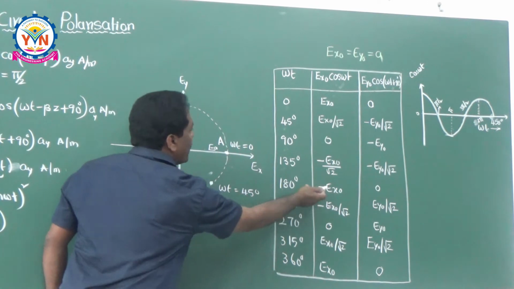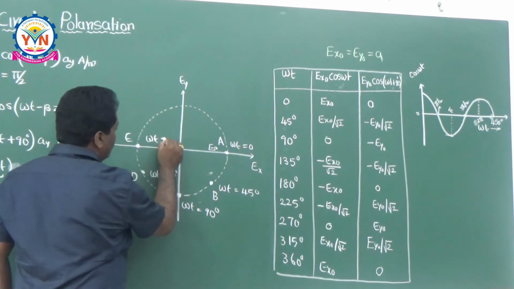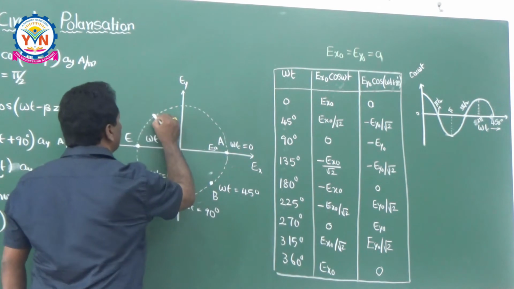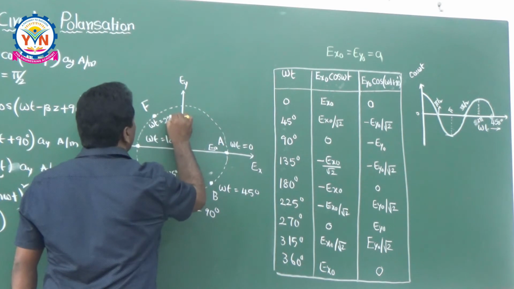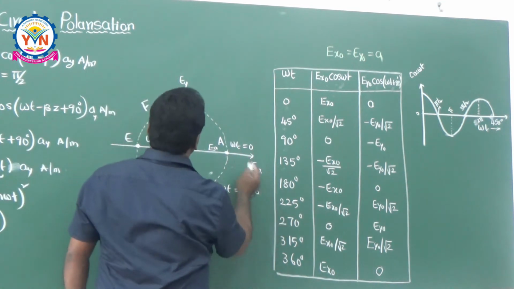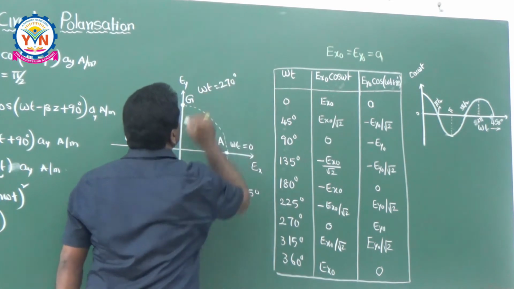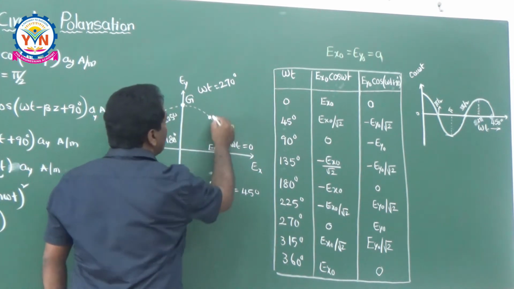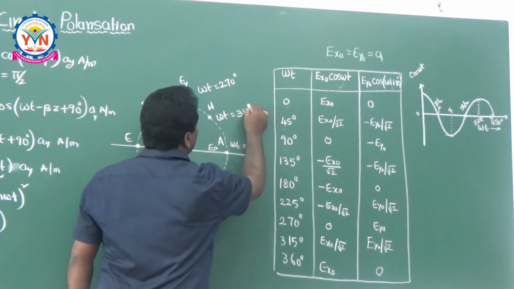At omega t is equal to 180, minus Ex naught, this is the point E. Then at 225, minus Ex naught by root 2, this is the point F. Then 270 degrees, this is the point G, omega t is equal to 270 degrees. And at 315, this is the point H, omega t is equal to 315 degrees.